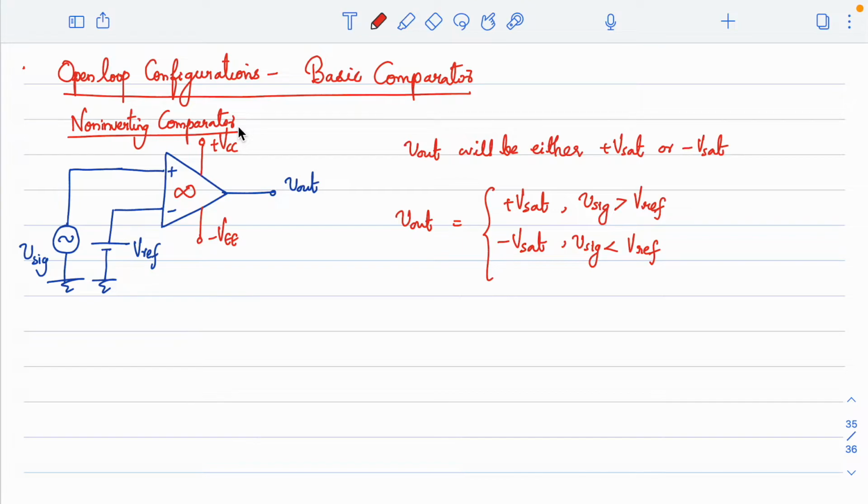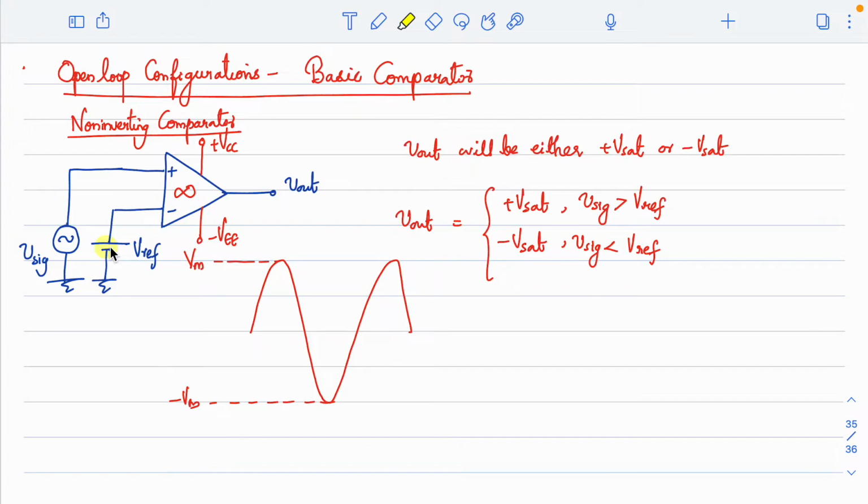Let me draw the input signal here. This is the input signal, say this is the peak Vm, and this is minus Vm. Now I have given a reference, and you can see that the reference voltage is a positive reference, plus Vref.